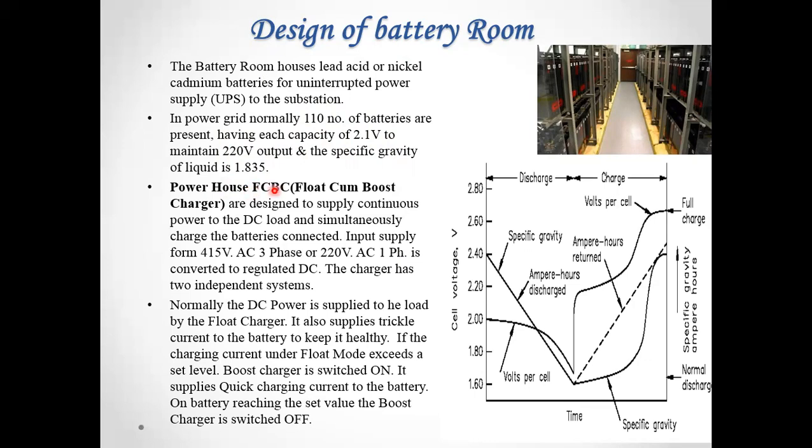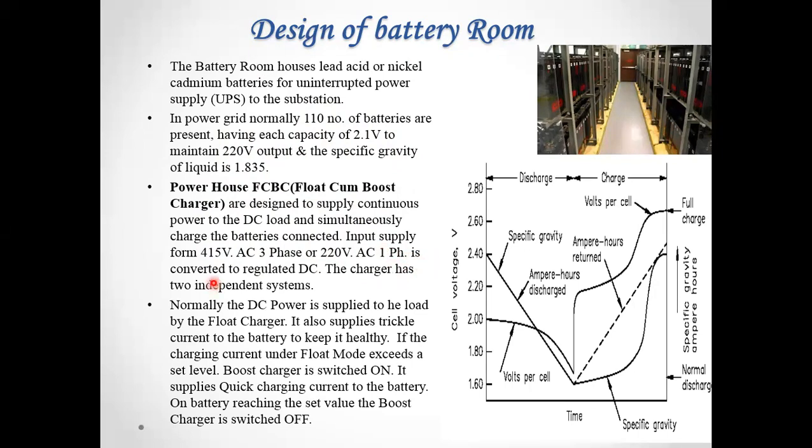The powerhouse, that is FCBC, we call it the float cum booster charger. They are designed to supply continuous power to the DC load, that is direct current load, and simultaneously charge the connected batteries. From the powerhouse only, these batteries get charged. The input supply is 415 volt, 3 phase, or 220 volt AC, alternating current, 1 phase.